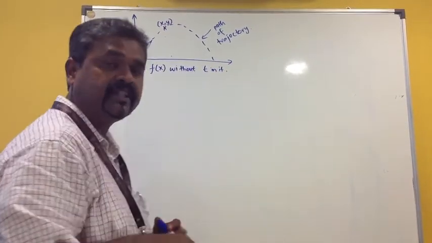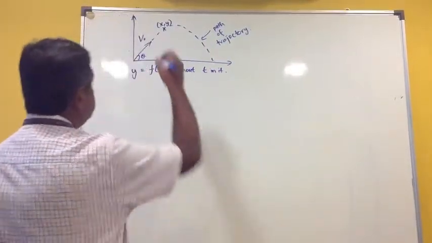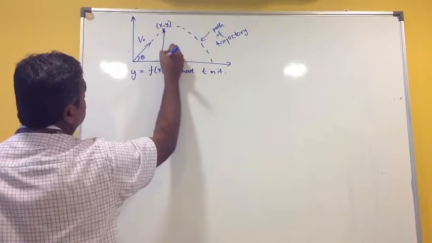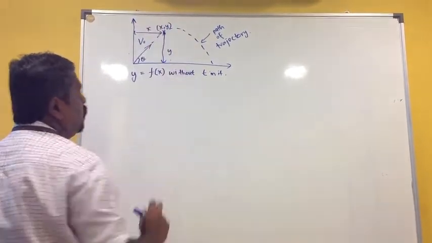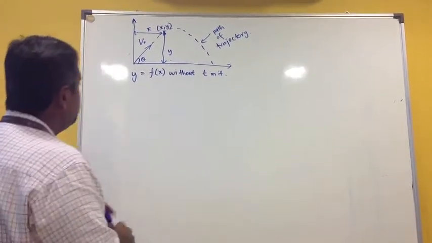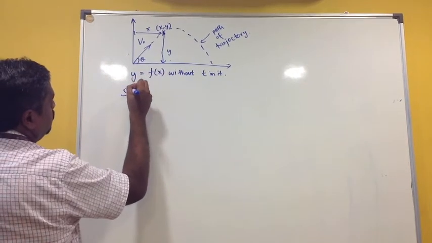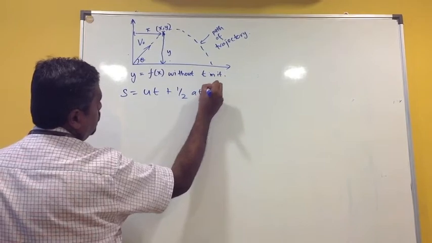So I just want a function that relates the variable y, which is the vertical distance here, and the horizontal distance x, without having the variable t in it. Then we would start from the basic rectilinear kinematic motion, s equals ut plus half at squared.